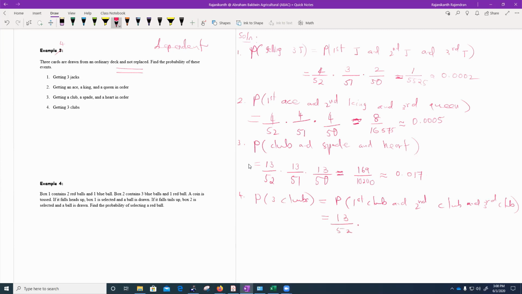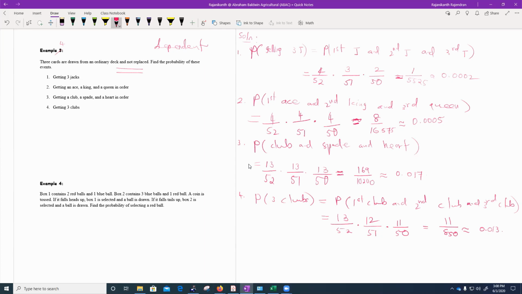But remember, second time, you will have only 51 chances. And you already chose one club from the first attempt, therefore you have only 12 left over. Then the third one, only 11 left over out of 50. If you simplify this, it should give you 11 over 850. So that is nearly 0.013 to three decimal places.